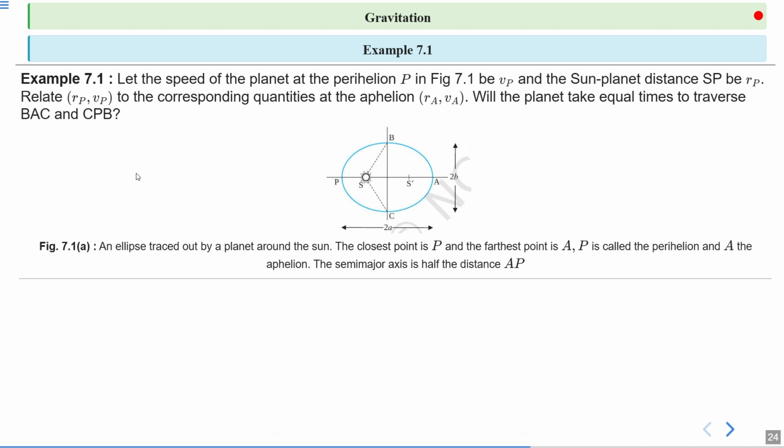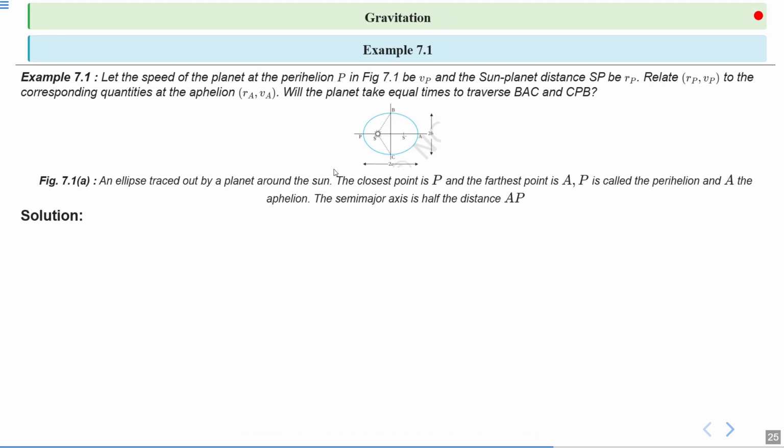Will the planet take equal time to traverse BAC and CPB? Alright, let's see the solution.